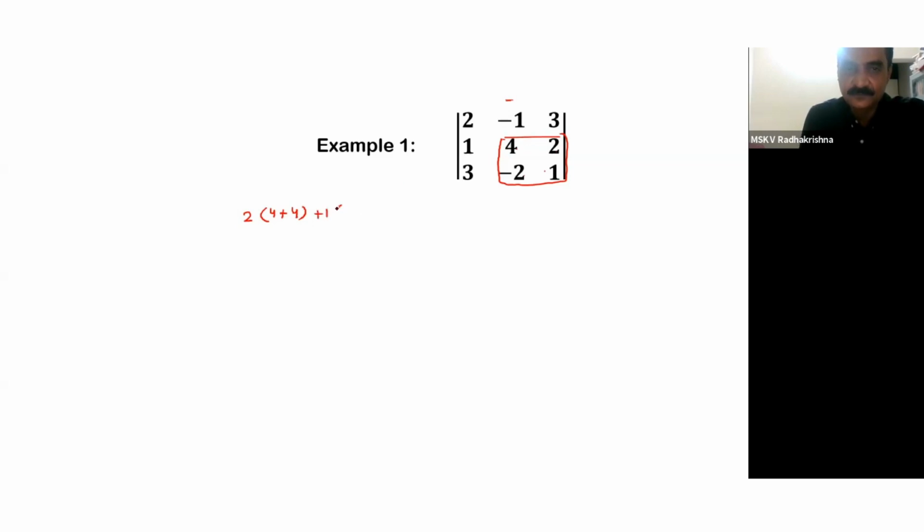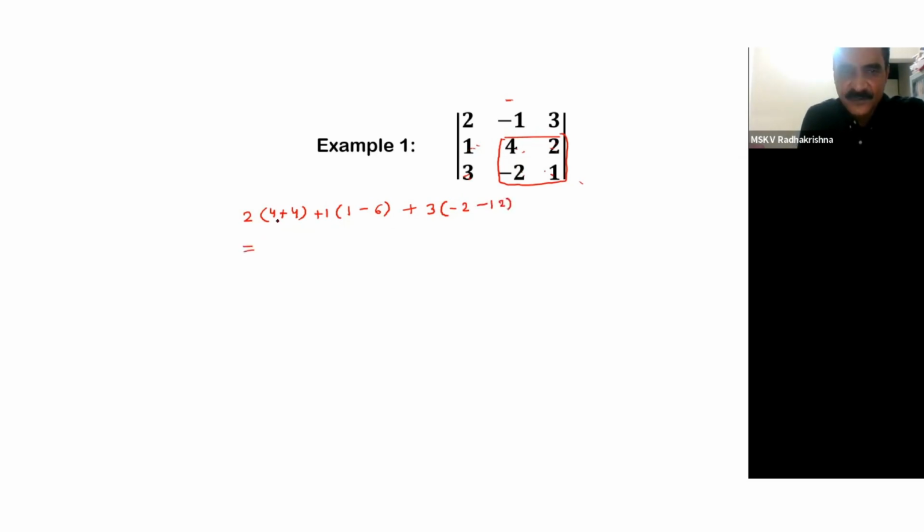Plus 1 into the remaining subdeterminant, formed by 1, 2, 3, 1. So 1 into 1, 1, minus 3 into 2, 6. Plus the third element of the first row, 3 into the remaining subdeterminant, 1 into minus 2, minus 2, minus 3 into 4, 12.